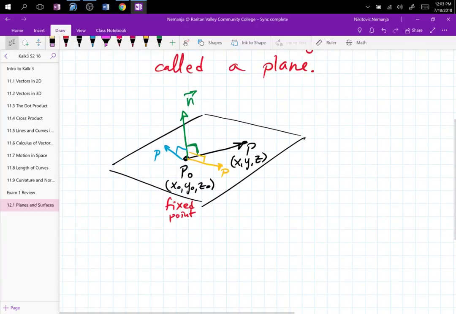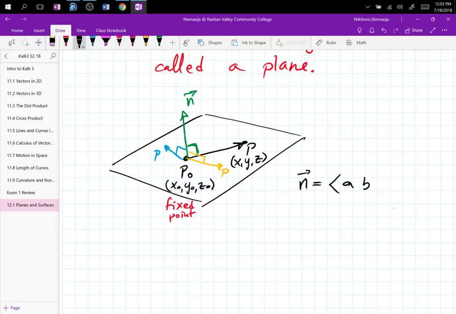So now, if you look at the geometry of this, we'll define our vector n to have, let's say, a, b, c components. We know that our point P0 has x0, y0, z0 coordinates.